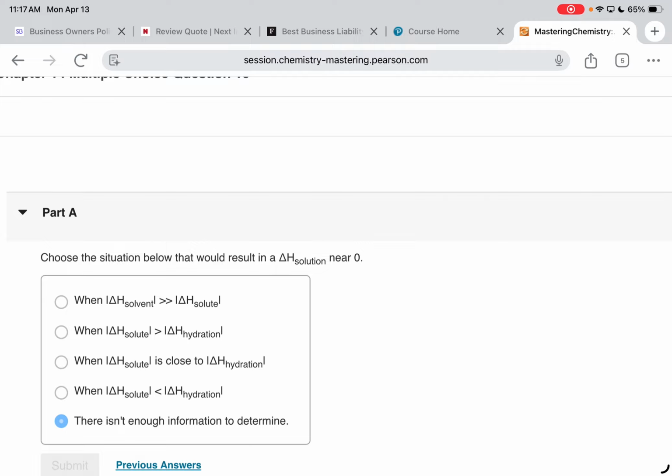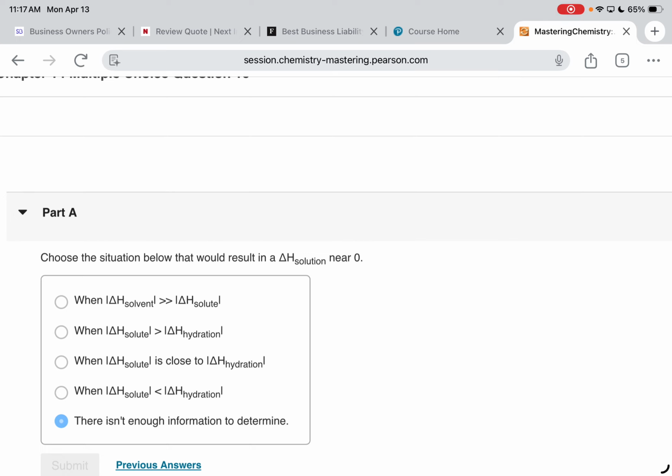So one that's near 0. If it was near 0, they're talking about it's around this. So you're saying that solute and solvent are basically the same as delta H of mixing, and in their terminology, that's this one: delta H of solute is close to delta H of hydration. So if you want to just mark it correct so you have it correct on there.